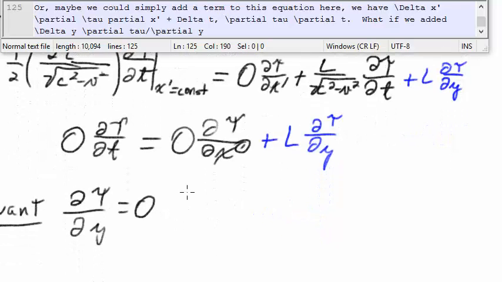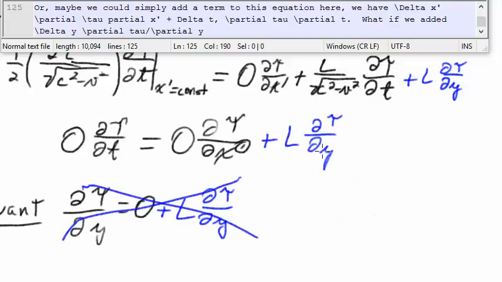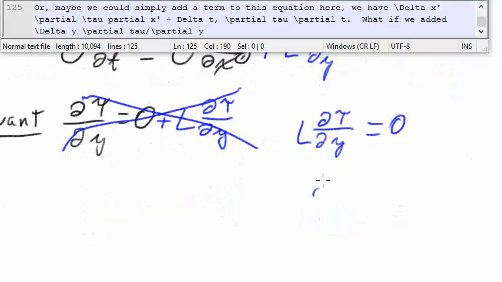Whoops, no, that's what we want. Anyway, subtracting 0 from both sides, this basically gives us L partial tau partial y equals 0, hence partial tau partial y equals 0.